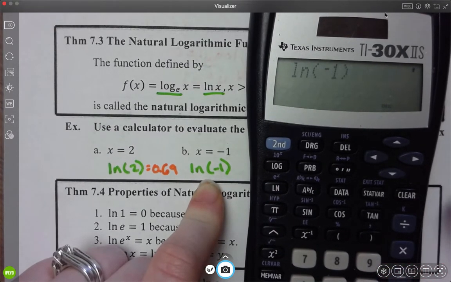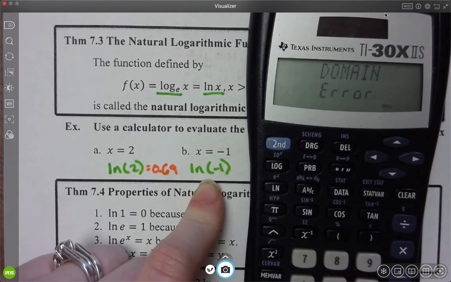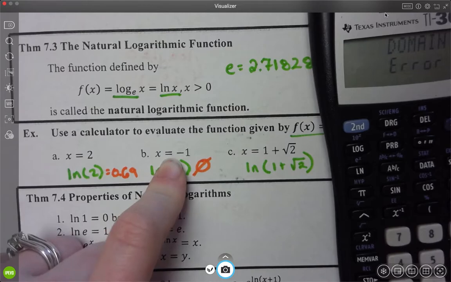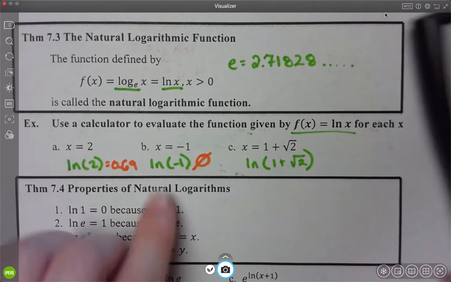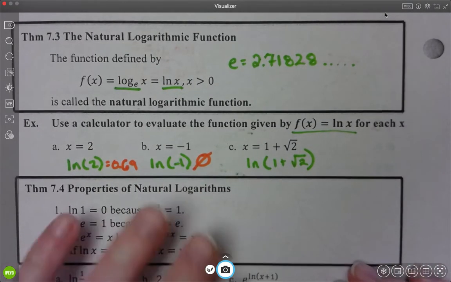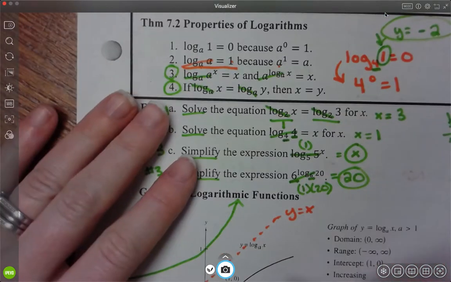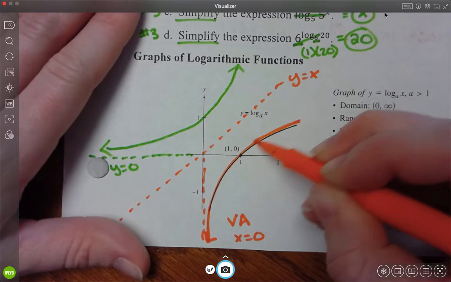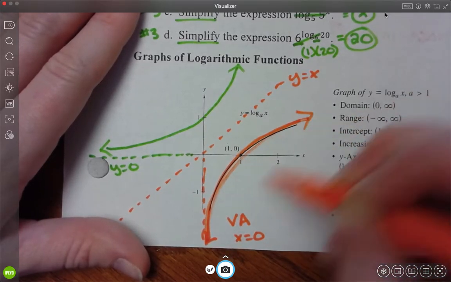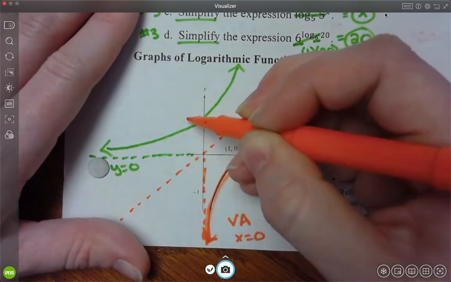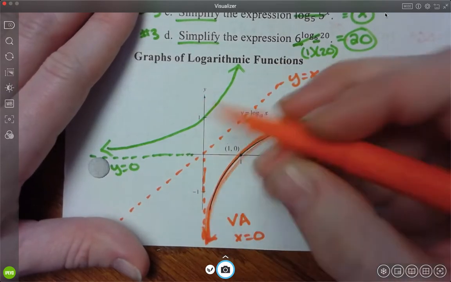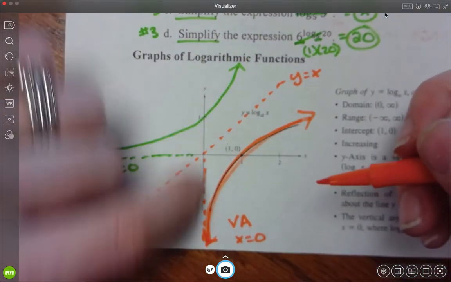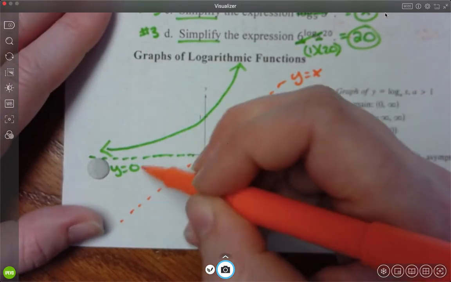Now, ln of negative 1, natural log of negative 1. If I type it in, it's going to say domain error, which means that there is no answer to ln of negative 1, and here's why. This is what a log function looks like, just this bottom graph right here. A log function will not go any past this vertical asymptote. It's kind of like a square root function. It's trapped by that vertical asymptote, and it's never going to exist on this side.